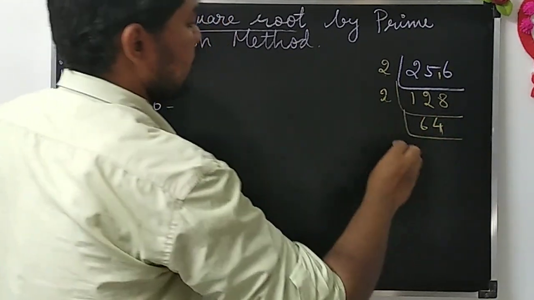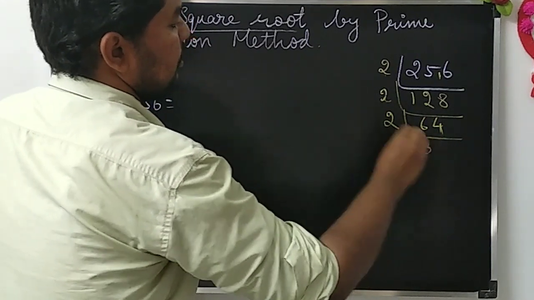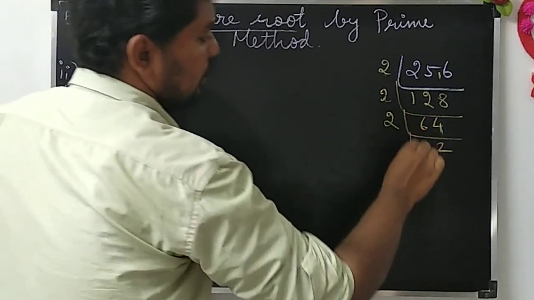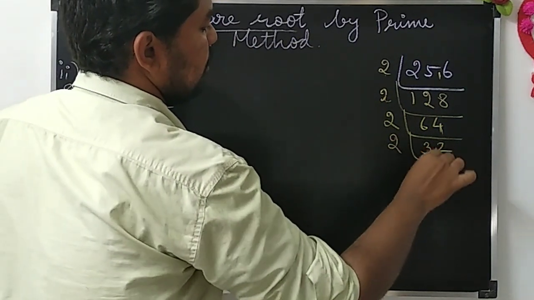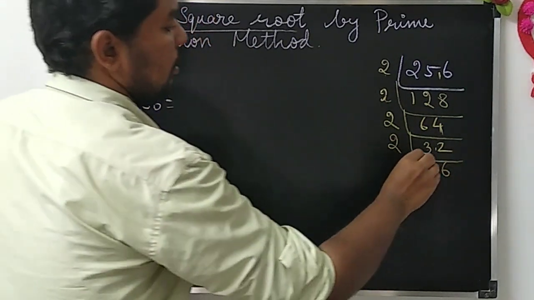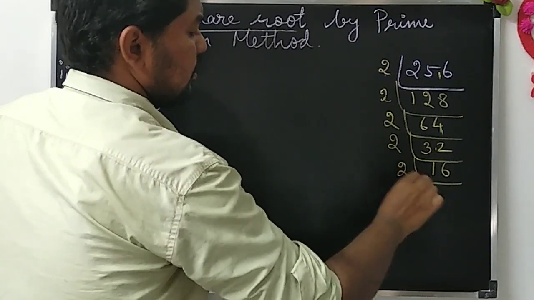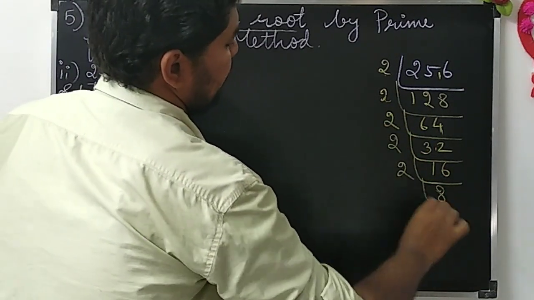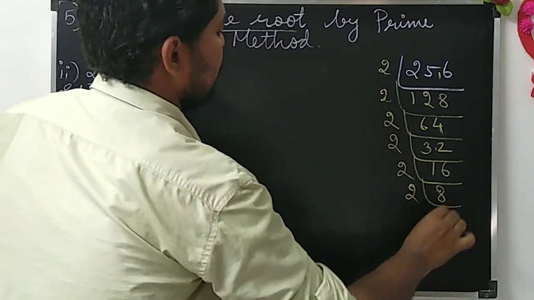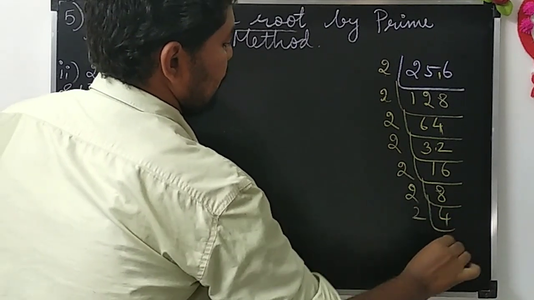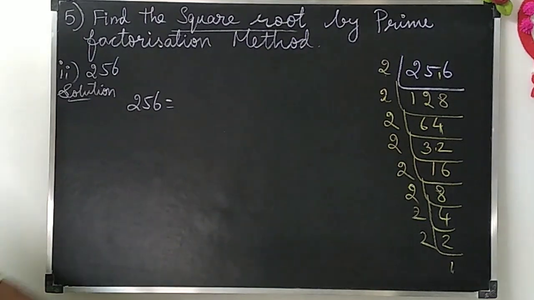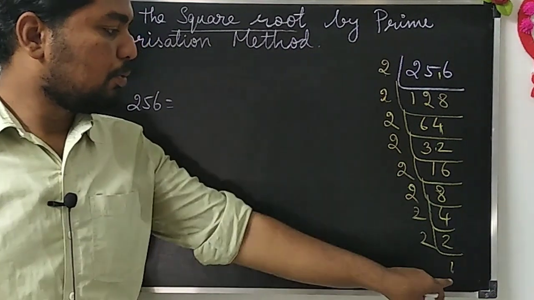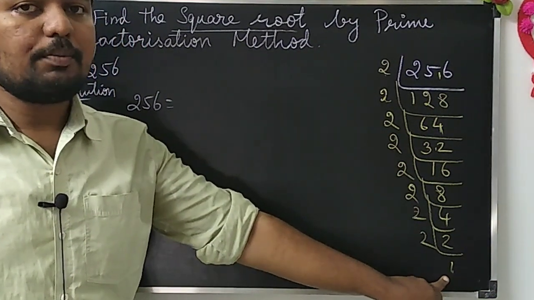So 64 is also divided by 2, 3 2s are 6, 2 2s are 4. 32 is also divided by 2. 1 2 is 2, remainder 1, 6 2s are 12. Again 16 is divided by 2, 8 2s are 16, 8 is divided by 2, 4 2s are 8, 2 2s are 4, 1 2 is 2. You continue this prime factorization until the number becomes 1.